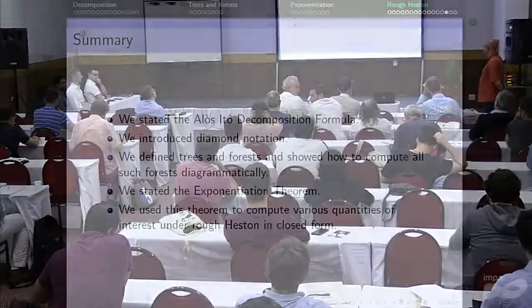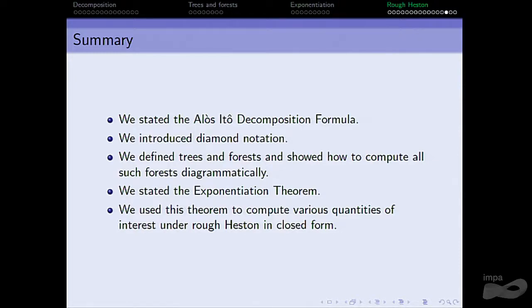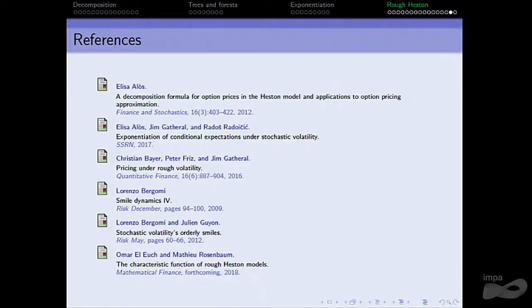And we used this theorem to compute various quantities of interest under the rough Heston assumptions in closed form. And in passing, you saw how beautifully easy things are to compute under the rough Heston model. And with that, I'm very happy to take questions.